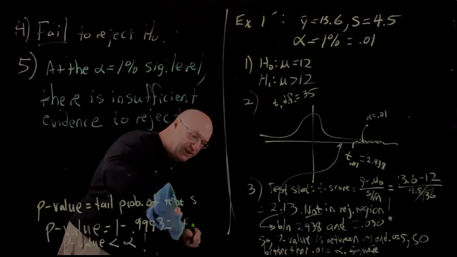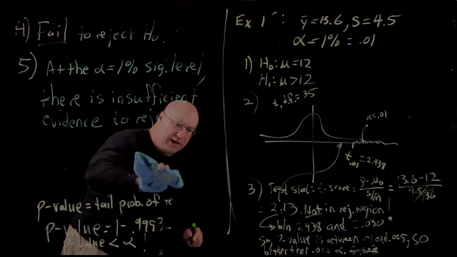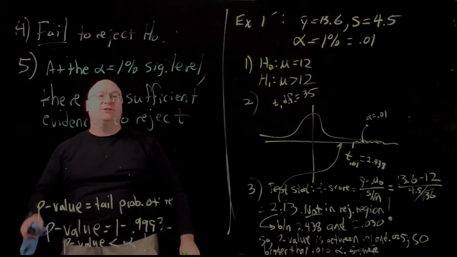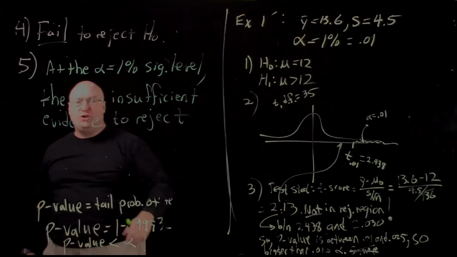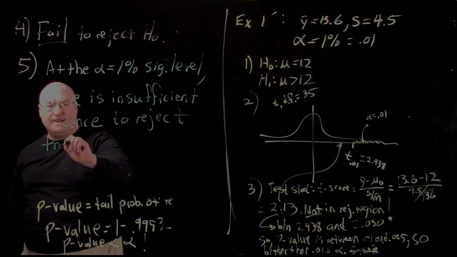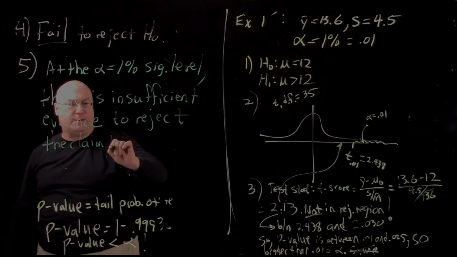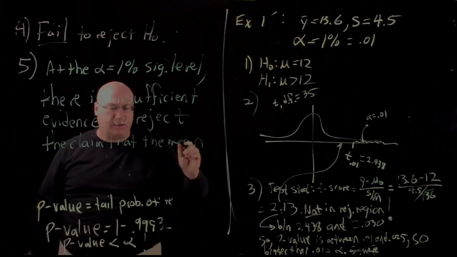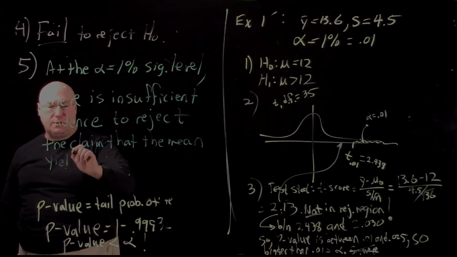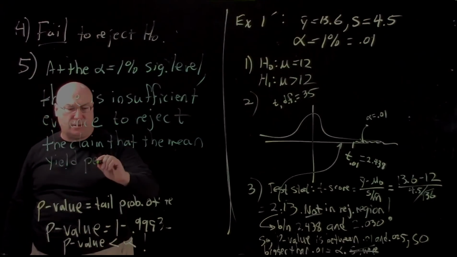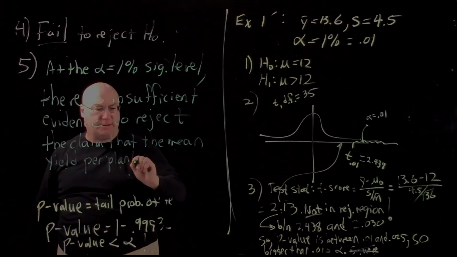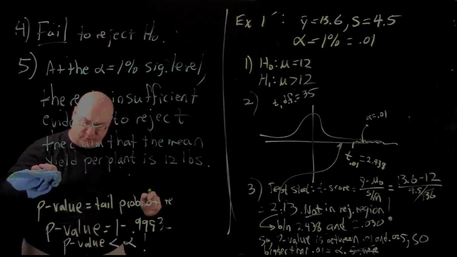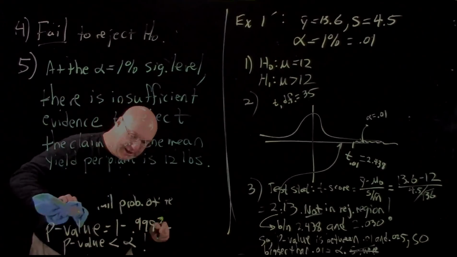But what is the null hypothesis? The null hypothesis is that the mean yield per plant is still 12 pounds. So there is insufficient evidence to reject the claim that the mean yield per plant is 12 pounds. Now study that for a second.